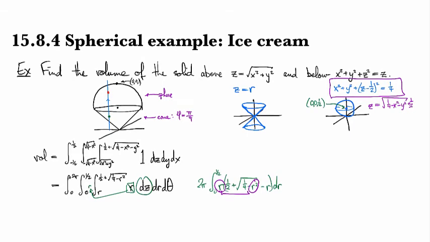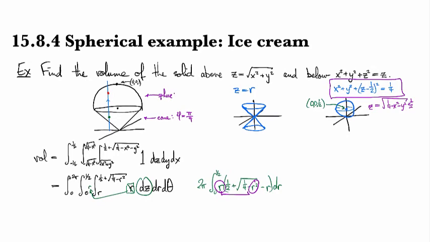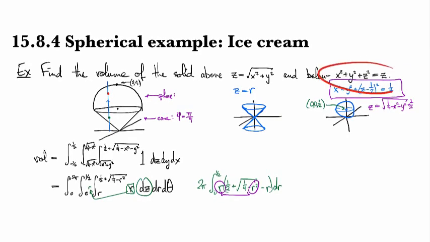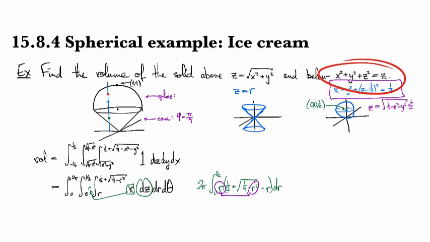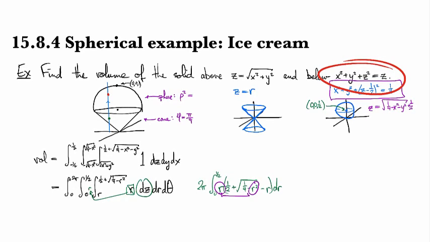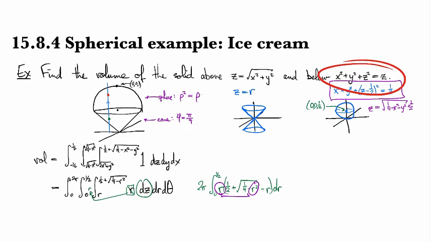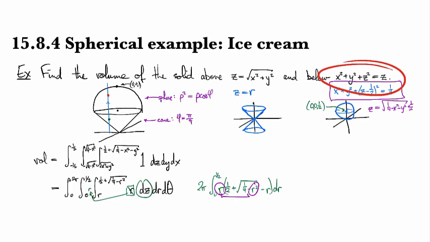The sphere itself is not a sphere of the form rho equals constant, but if I go back to the equation defining it over here, on the left side I have a rho squared, and on the right side I have rho cosine phi. So this is actually rho equals cosine phi, which is a pretty simple formula for rho.